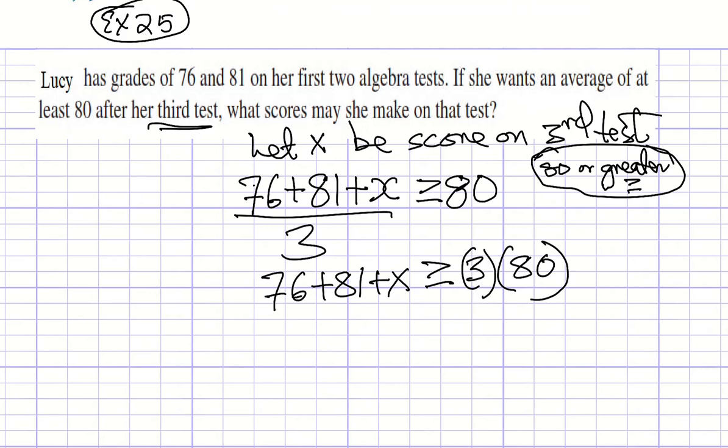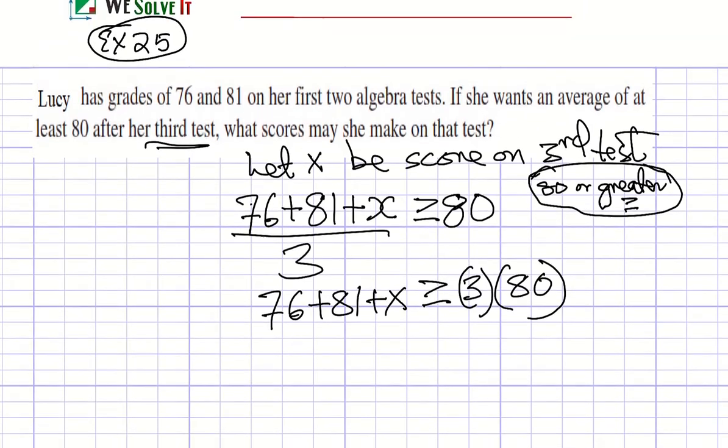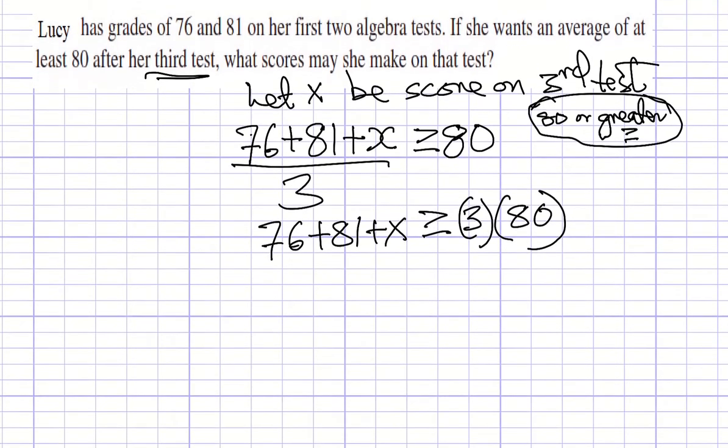Alright, so 3 times 80 is 240. Yeah, 3 times 80 is 240, okay? So we'll just keep going until we don't make mistakes. 76 plus 81 plus x greater than or equal to 240.